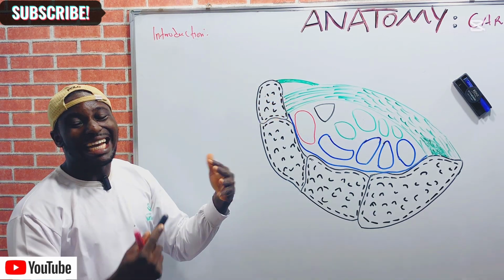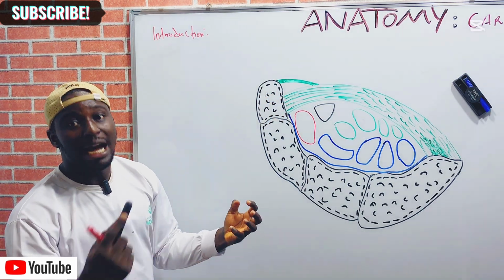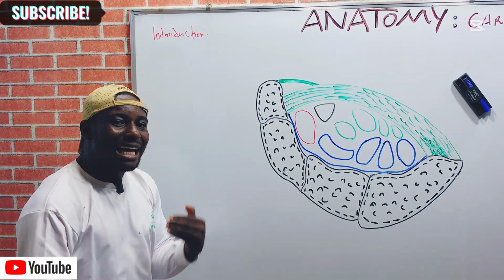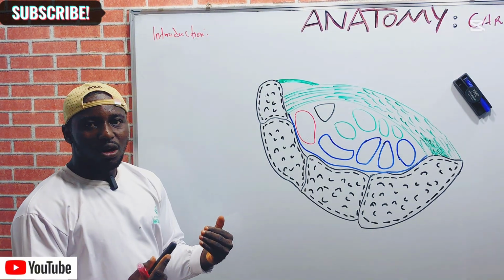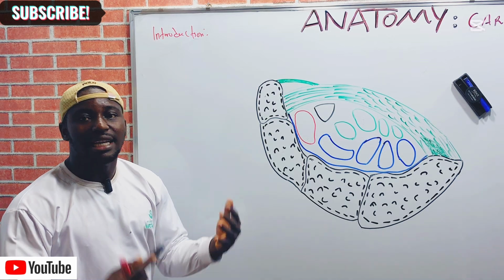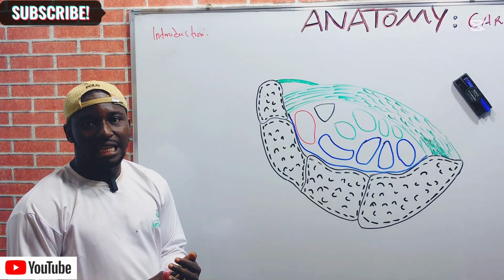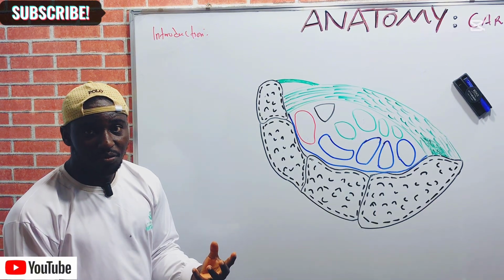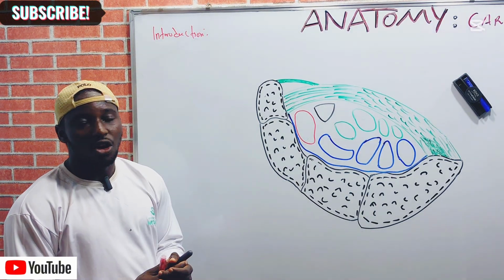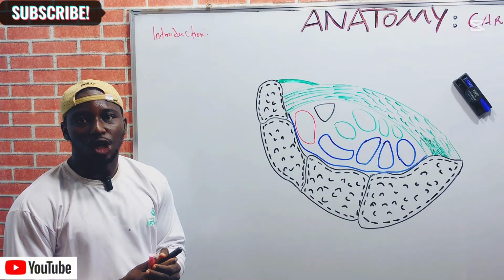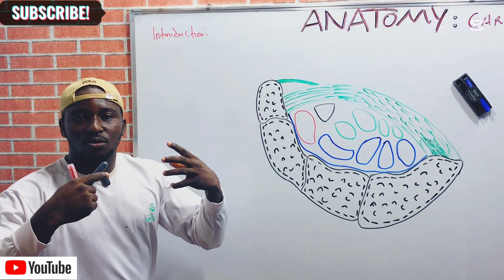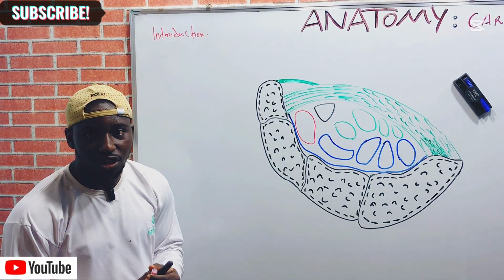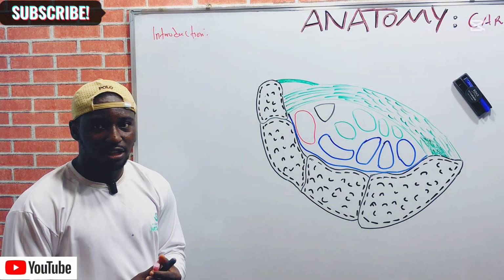So it serves as an entrance to the palm for several tendons and the median nerve, because it is only the median nerve that passes through the carpal tunnel, and flexor tendons, particularly the superficial flexor tendons and the deep flexor tendons.